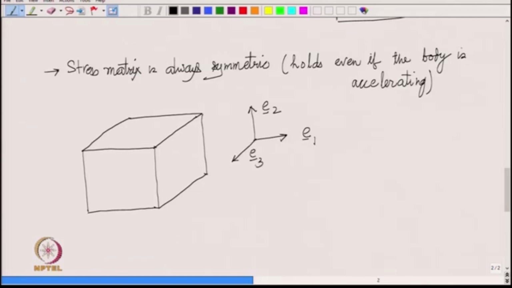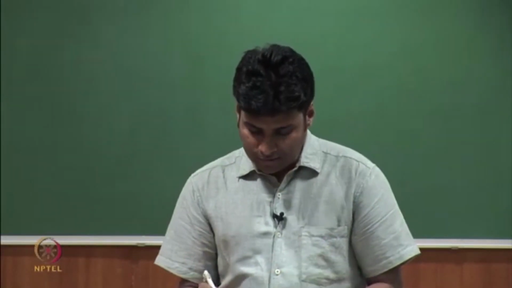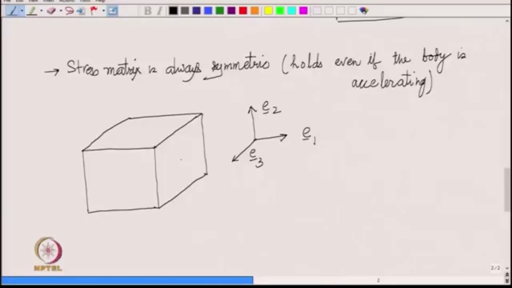So, on the E 1 plane, you visualize that stress matrix representation. Here on the E 1 plane we have sigma 1 1, and then we have tau 2 1, and we also have tau 3 1.